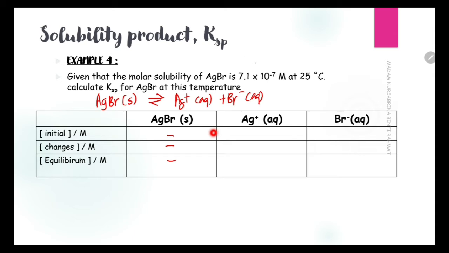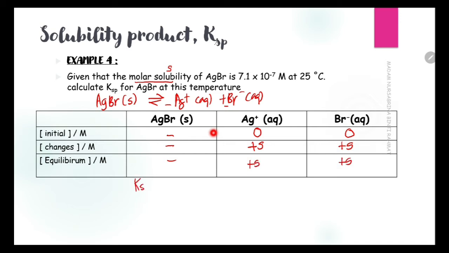Molar solubility is S, so 0 initial concentration, plus S for silver ion and plus S for bromide ion, because it has just 1 mole of silver ion and 1 mole of bromide ion produced from the dissolution process.